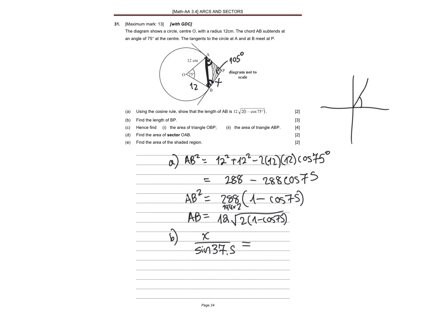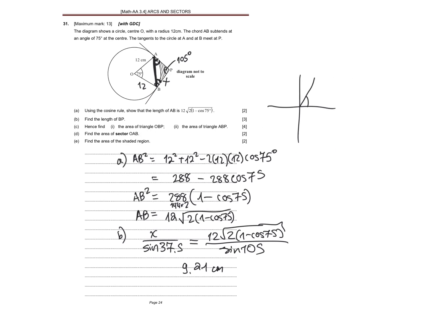And then we're going to have this AB over sine 105. So when you do that, you get x is 9.21.